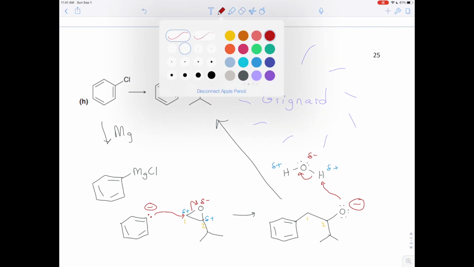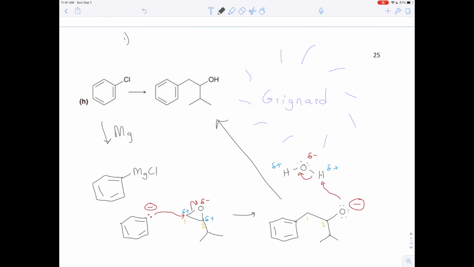Alright, so in this, the first thing we had to do was create our Grignard reagent. We saw that the product has more carbons than the reactants. That's what let us know we had to use a Grignard reagent. To make the Grignard reagent, we added magnesium. Once we had it, we had to react it with an epoxide. We knew to do that because the functional group was coming off of the second carbon away from where the Grignard reagent was going to attack.